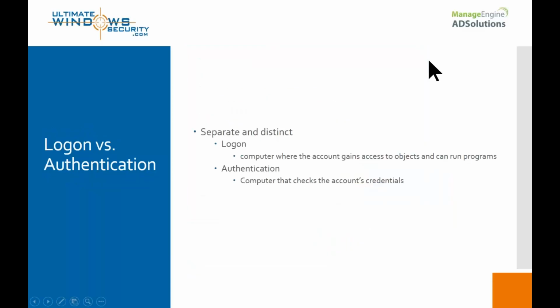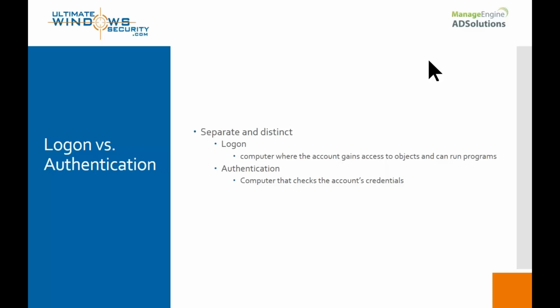Now let's discuss logon versus authentication. These are separate and distinct. They are related, but they're separate and distinct. So logon occurs on the computer where the account gains access to objects or can run programs. The authentication occurs on the computer that checks the account's credentials.